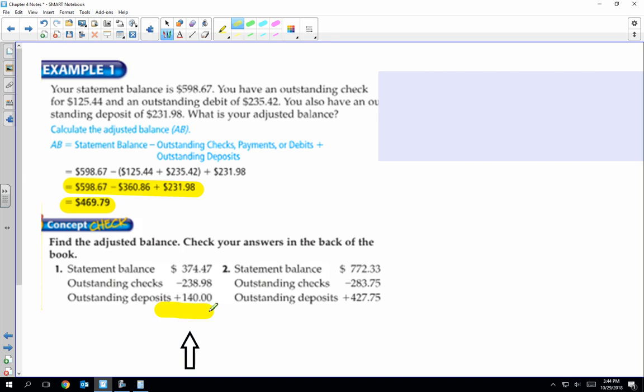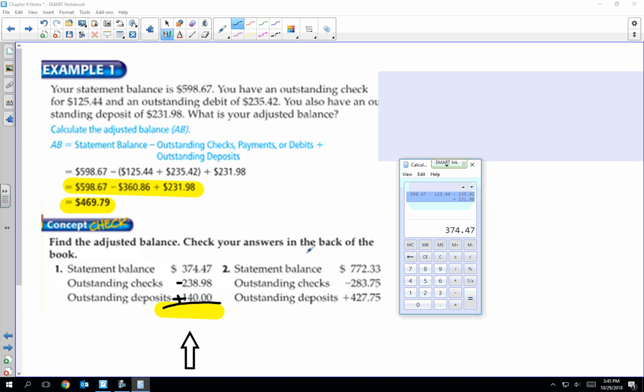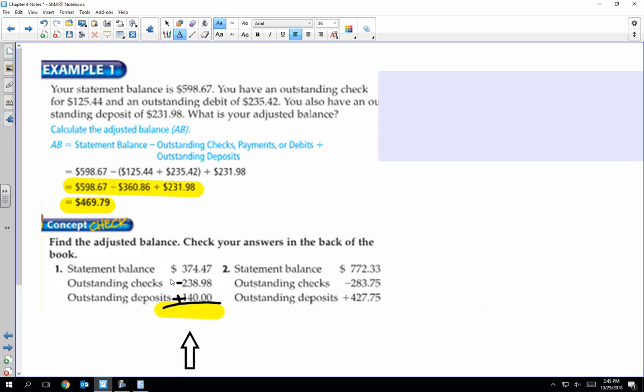Okay, we're going to do these two practice problems together. We're going to take our statement balance, subtract out our outstanding checks, and add in our outstanding deposits. So we get $374.47 minus $238.98 plus $140, and we get $275.49.